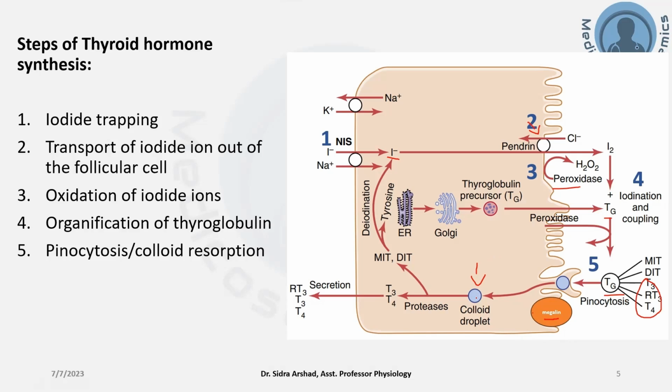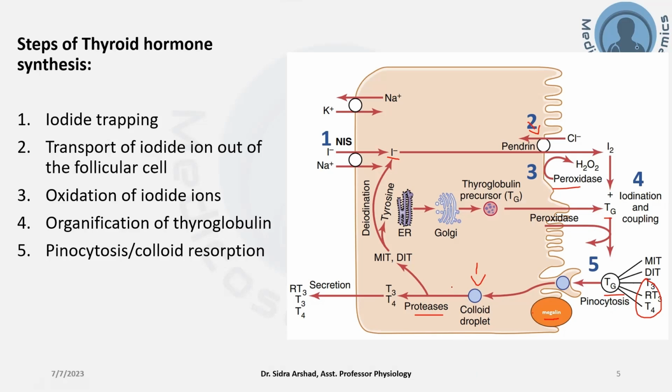And once this lysosome and colloid droplet combination has formed, the proteases present in the lysosome are going to digest this, or cleave the hormones from the thyroglobulin molecules. These proteases, which you can see right over here, are present inside of the lysosomes.